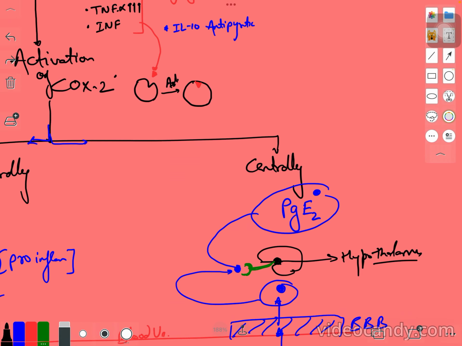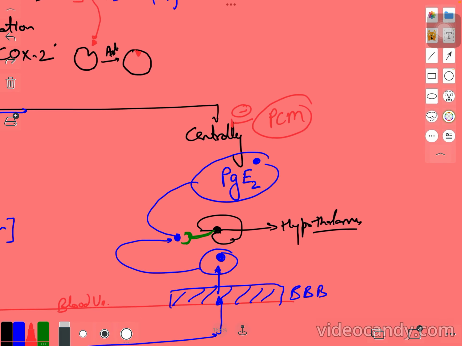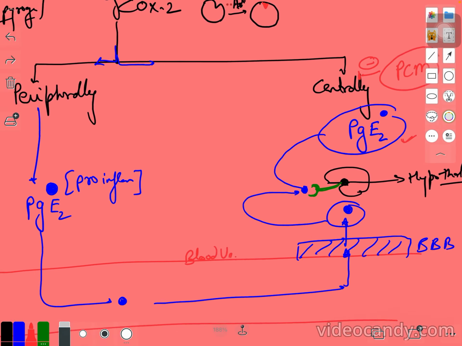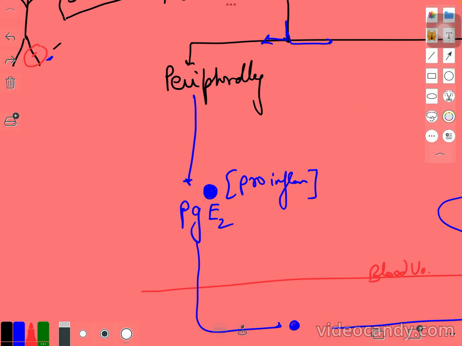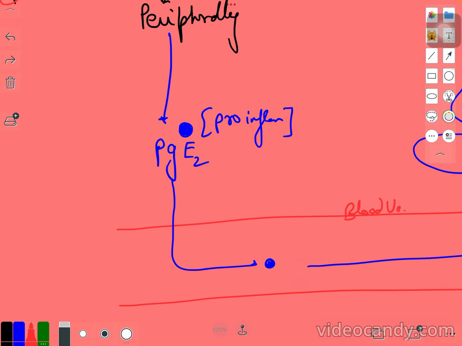So by giving paracetamol, we actually decreased this part, right? There was production of prostaglandin E2 in the brain, and it shut down. But still in the periphery there was inflammation which was constantly producing this prostaglandin E2.